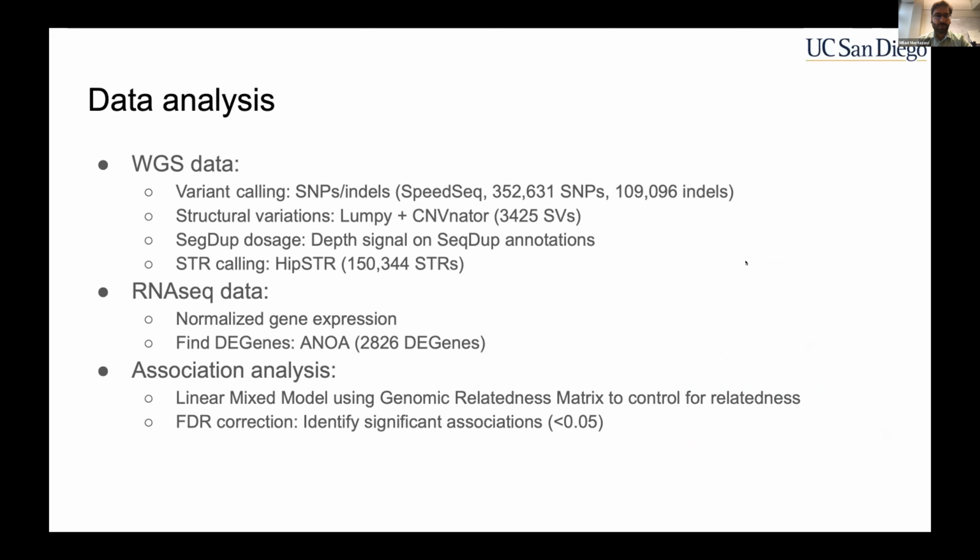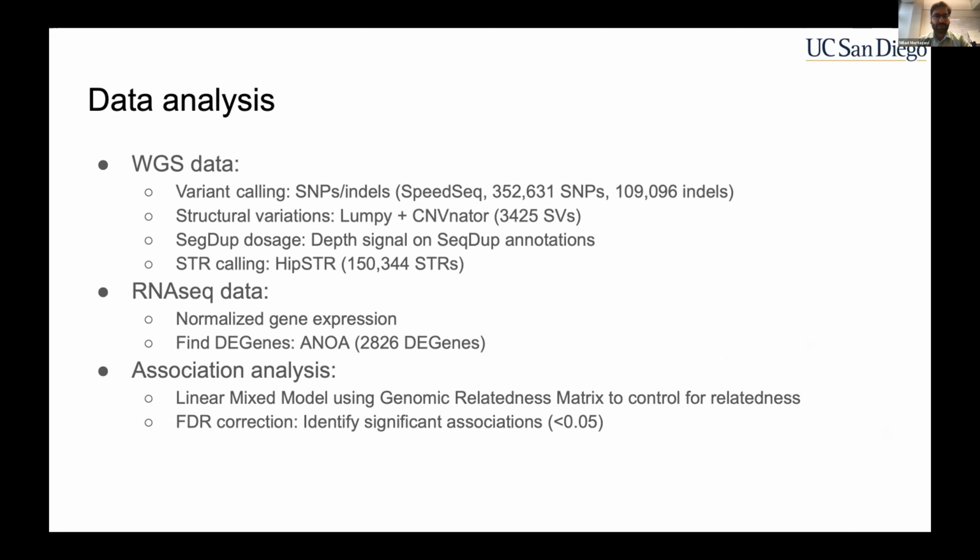The whole genome sequencing data was analyzed by calling variants, SNPs and indels, and structural variants with two different software tools, Lumpy and cnMOPS, and merged the structural variants.